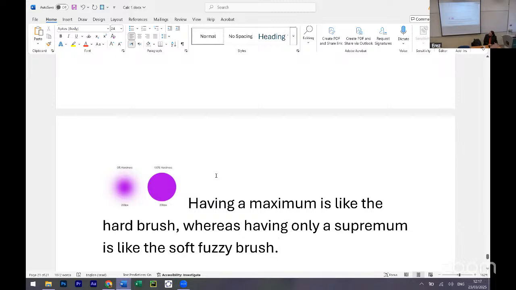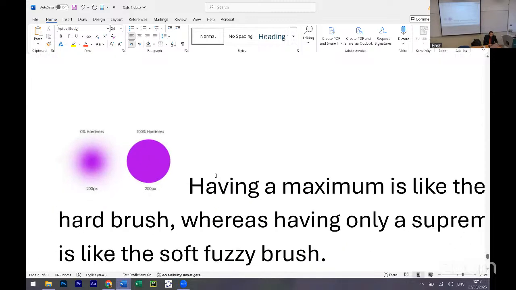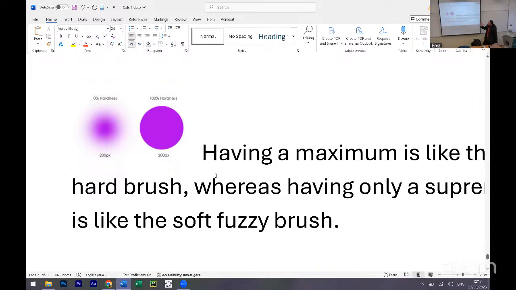Is the maximum given, it's like a hard border? Yeah, because it's like a point that existed. The fact that the center is harder doesn't really matter to me. But I can point and say, this is the edge, this is the end of the brush. But here on the fuzzy one, it's very hard to say what exactly is the edge of the brush. Do you agree?